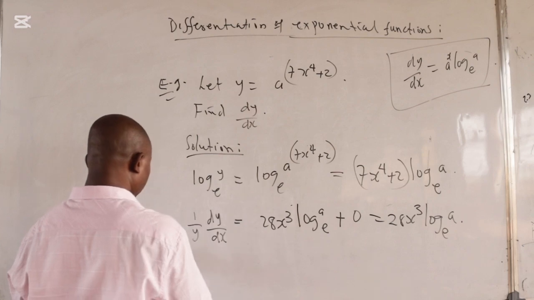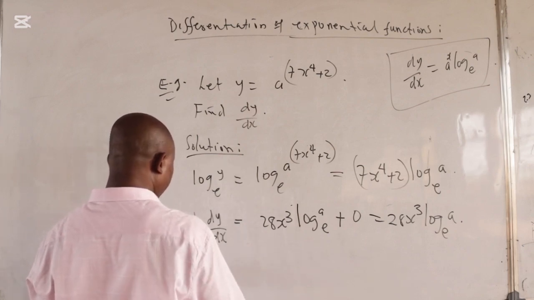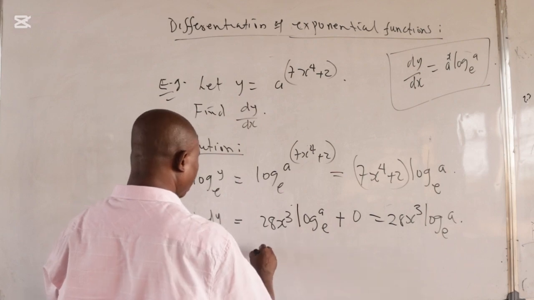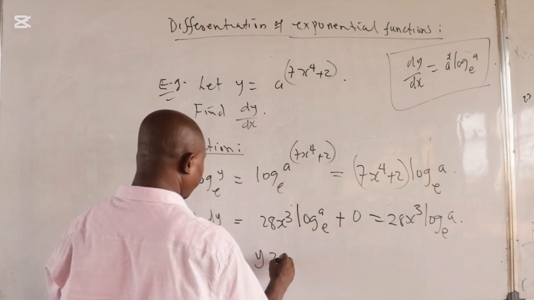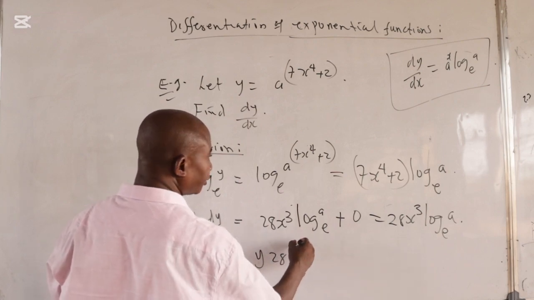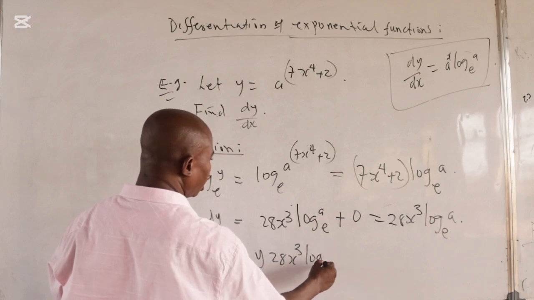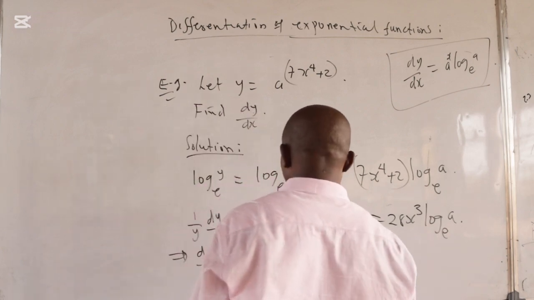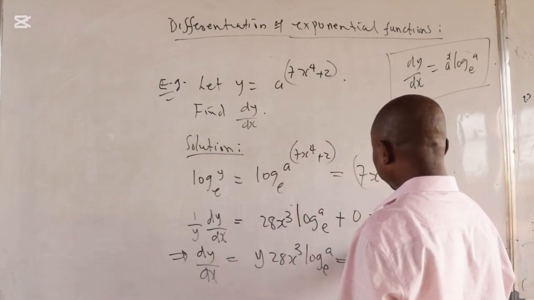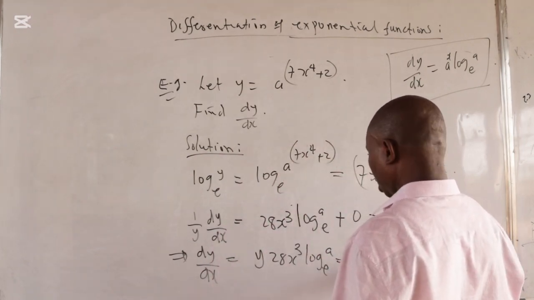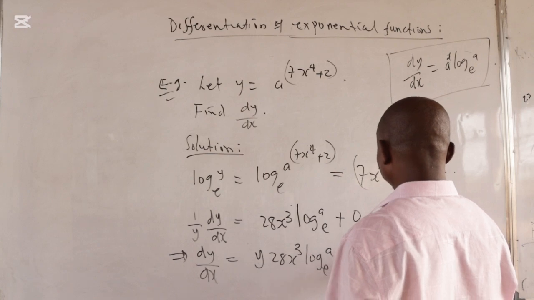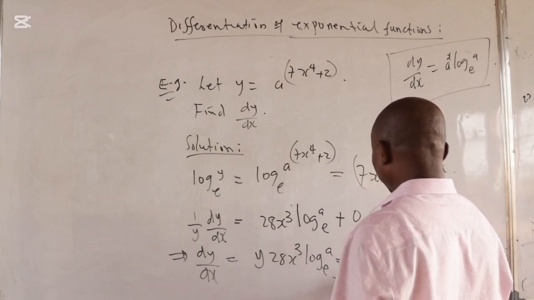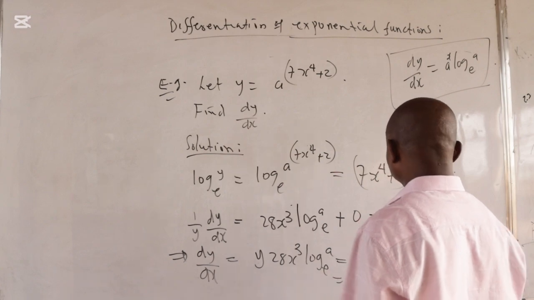So now dy by dx alone is nothing but y times 28x raised to the power 3 log of a to base e, which we can rewrite as 28x raised to the power 3, who is y, so I can have here y log a to base e, which is nothing but 28x raised to the power 3.